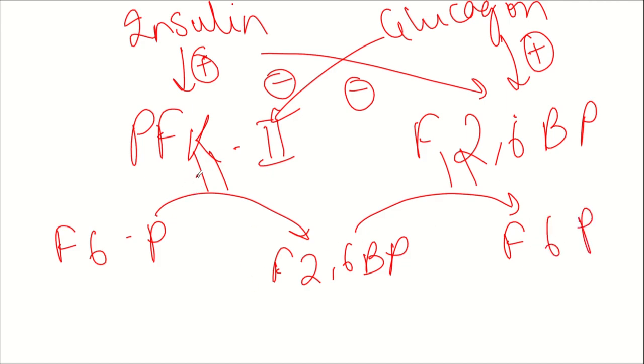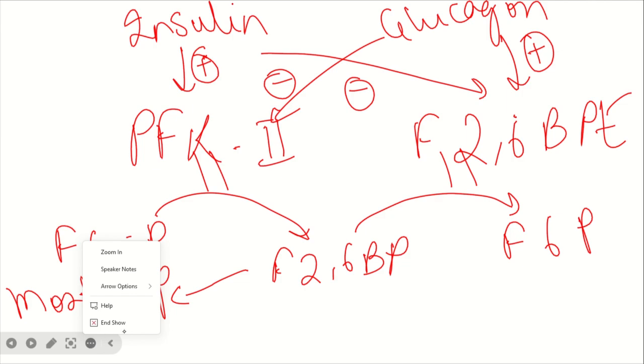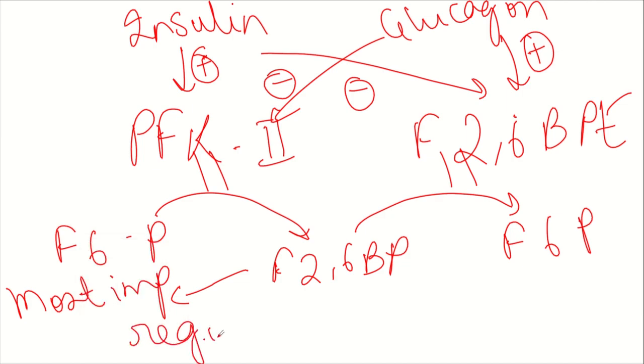In this case, phosphofructokinase 2 is responsible for converting fructose 6 phosphate to fructose 2,6 bisphosphate, and the enzyme responsible for the reverse is fructose 2,6 bisphosphatase, which converts fructose 2,6 bisphosphate to fructose 6 phosphate. Therefore, we can say this is the most important regulator. Right? So this was all about glycolysis and the regulation of glycolysis.